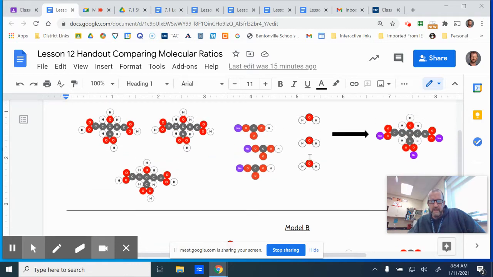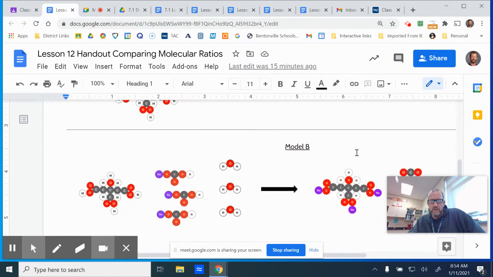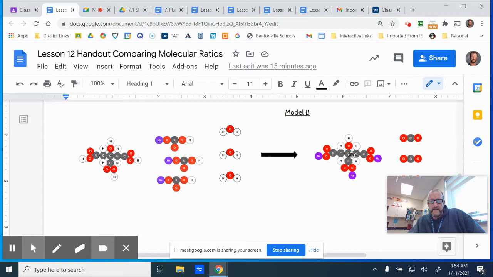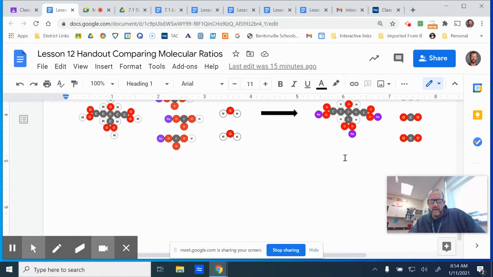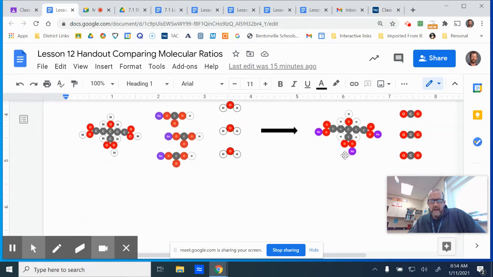And you just look at the different ways that these models can be arranged. And what I'd asked you was to look at, on the assessment, where does the carbon dioxide come from?